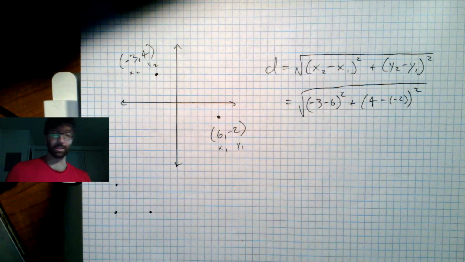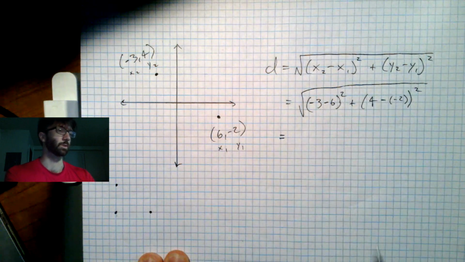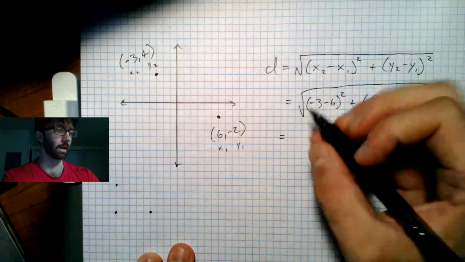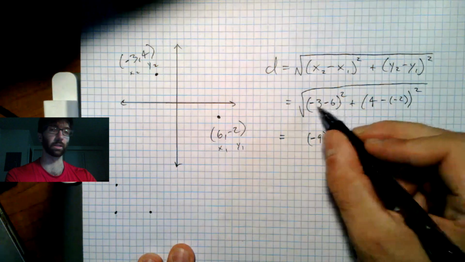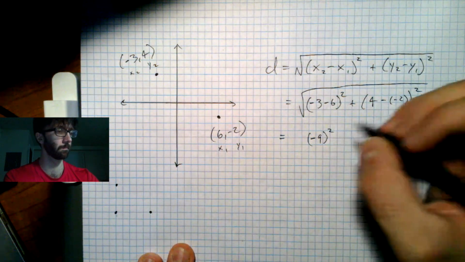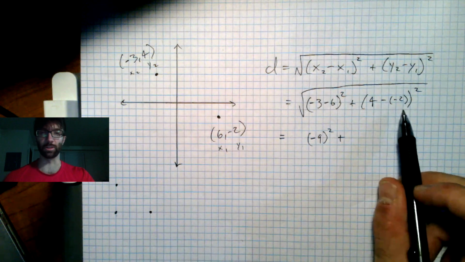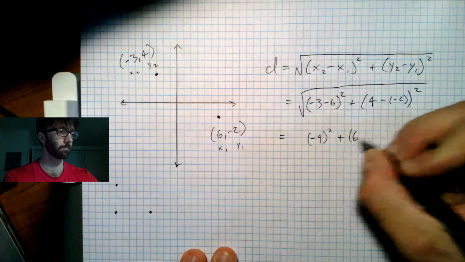So now, honestly, I think that's the hardest part right there. So now we just have to number crunch. And so -3 minus 6 is going to be -9. So that's how this set of parentheses breaks down here. And then 4 minus -2, that's the same as 4 plus 2, so that's going to be 6 squared.